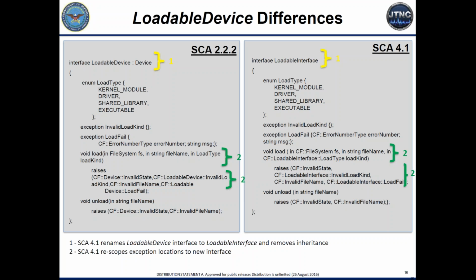Now, for the 222 loadable device interface, we have a corresponding loadable interface within 4.1, and the inheritance of loadable device inheriting from device no longer exists as part of an interface.